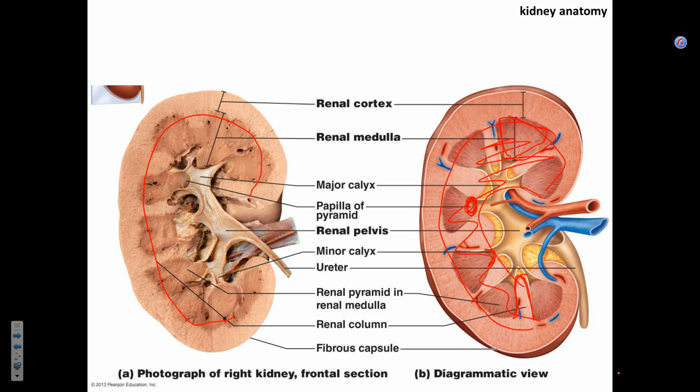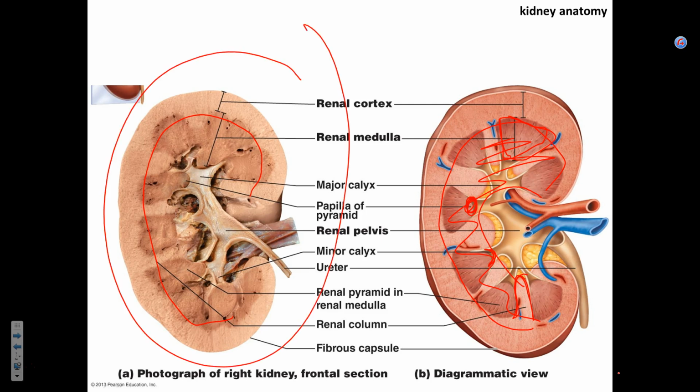If you look at the photograph of the actual dissected kidney on the left, you can see the difference in appearance between the cortex and medulla. It turns out these two layers are not only anatomically distinct, but also functionally distinct. So what produces urine?